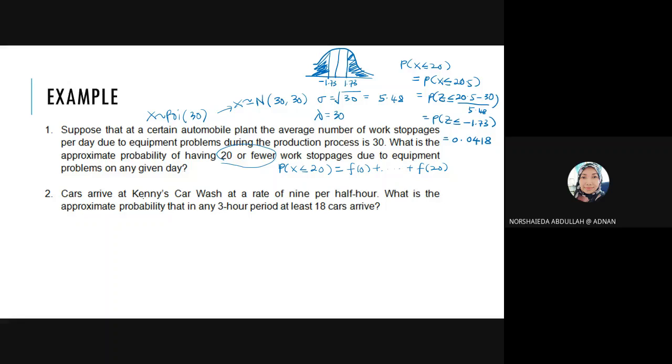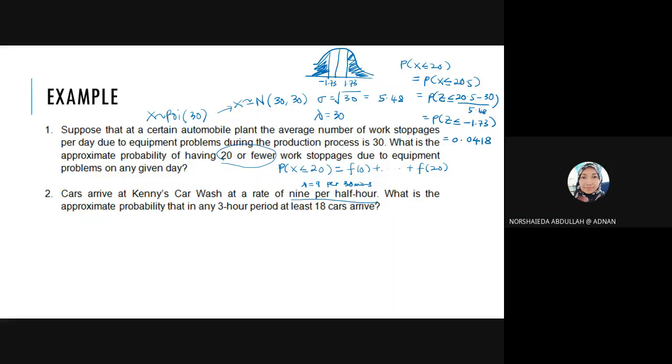The second example, cars arrive at Kenny's car wash at a rate of 9 per half an hour. Okay, the lambda is 9 per half hour, 30 minutes. 9 per 30 minutes.